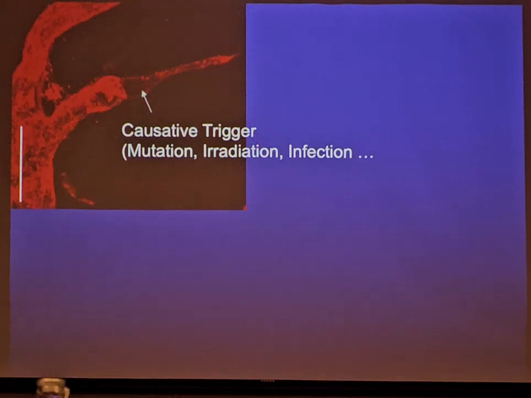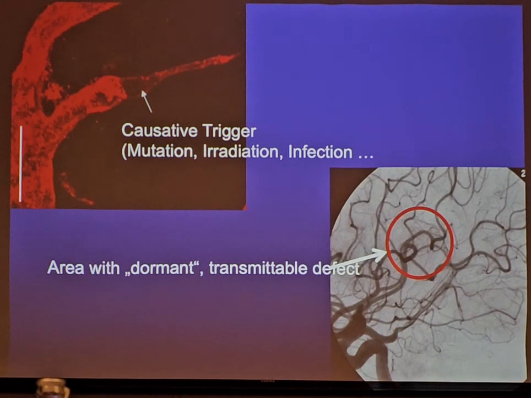And so, at one point in time, the causative trigger has made a mutation in the KRAS gene in an endothelial cell. Let's say this endothelial cell here. But this leads to a dormant but transmittable defect.